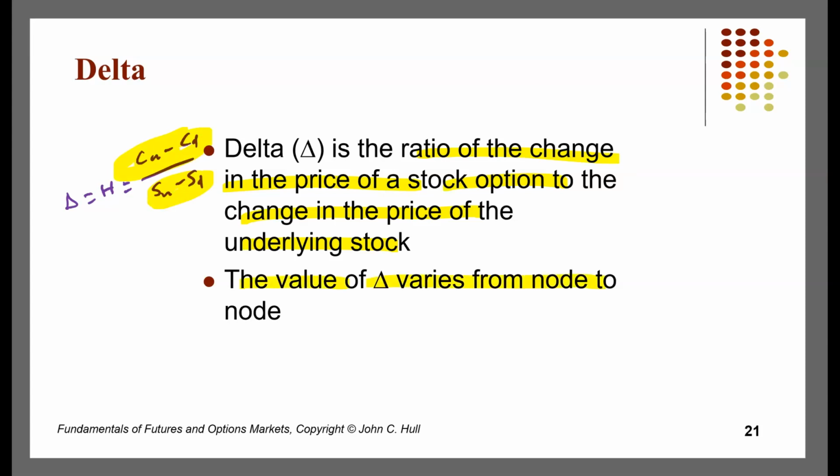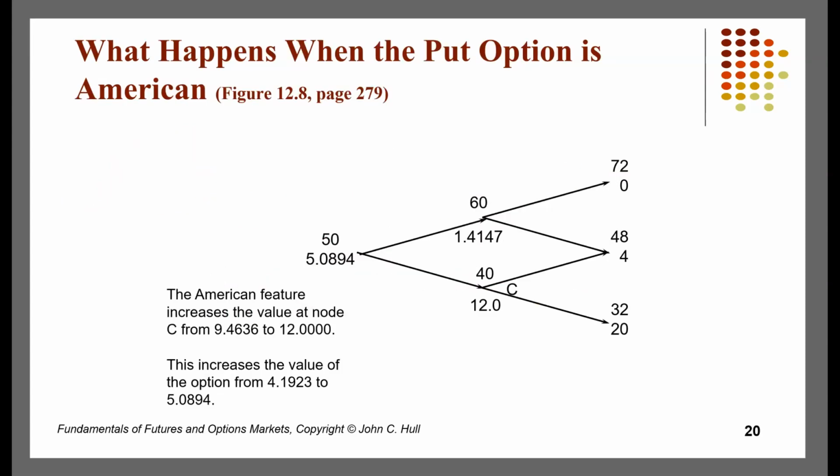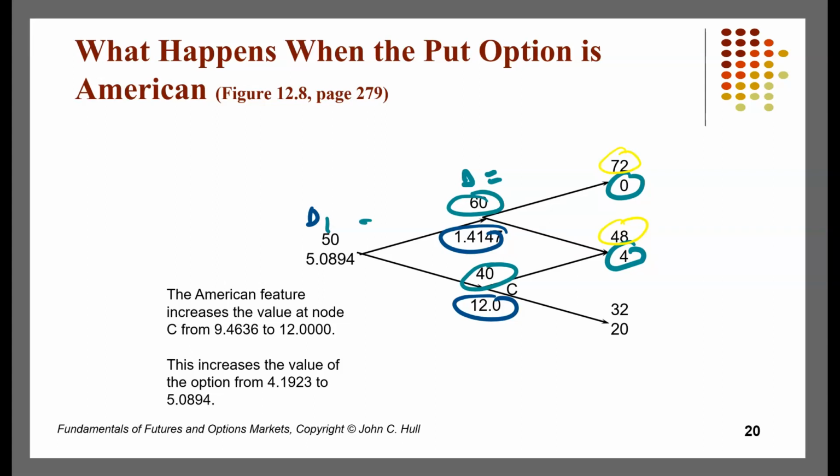The value of delta varies from node to node, and that makes sense because delta here is going to be equal to the change in this value of the option, right, and the change in these prices that we have here, whereas the delta here is going to be equal to the change in this value over the change in these values. So the delta over this period is going to be different from the delta over that period. So it changes from period to period.